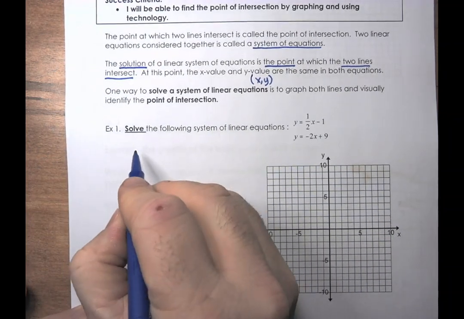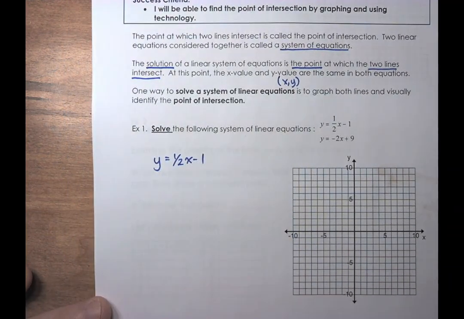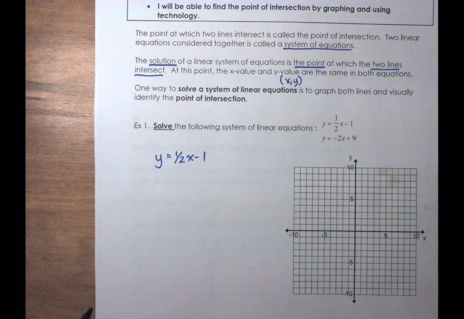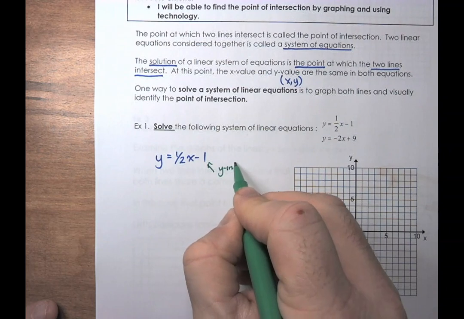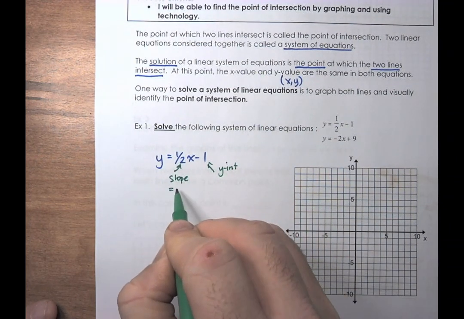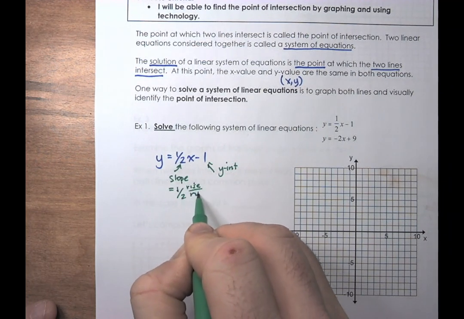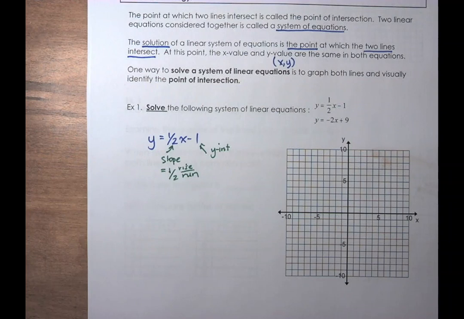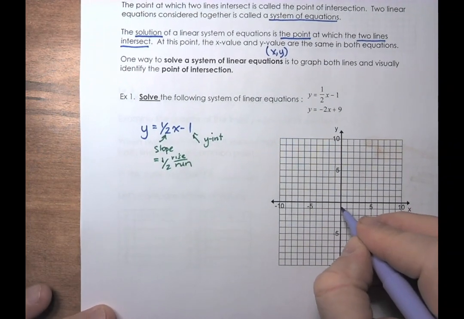So in the previous lesson, we talked about how to graph an equation that looks like that. And just as a quick recap, we know that this is the y-intercept, and we know that that's the slope. So slope, rise over run, and we know through previous learning that we need to plot the y-intercept first.